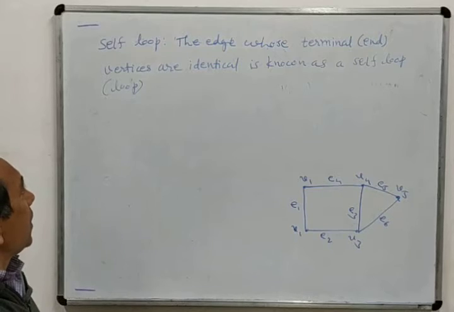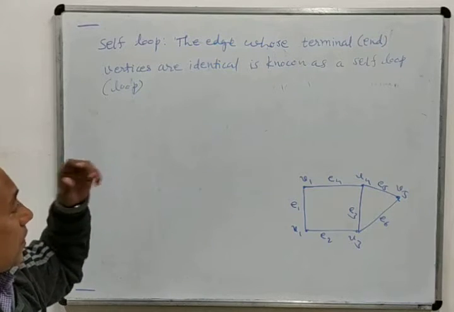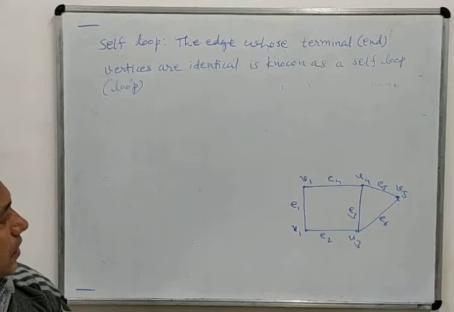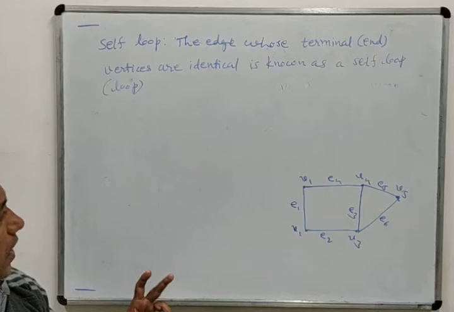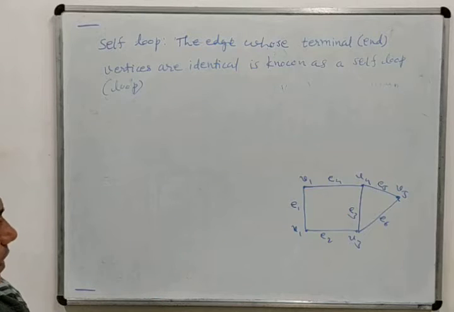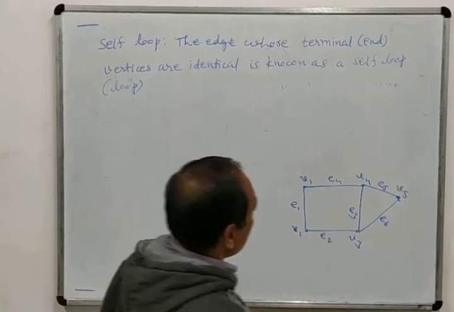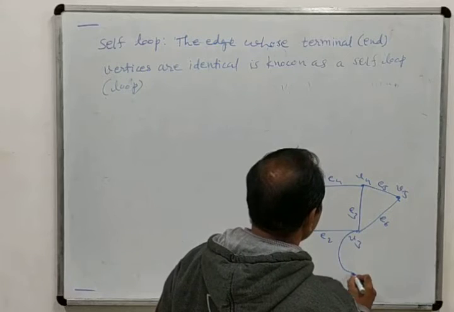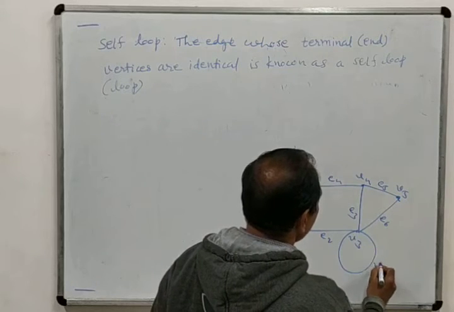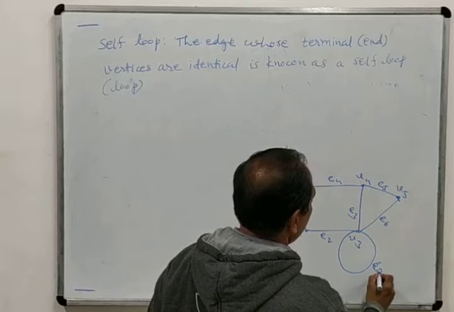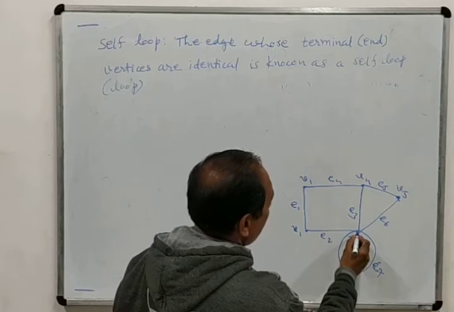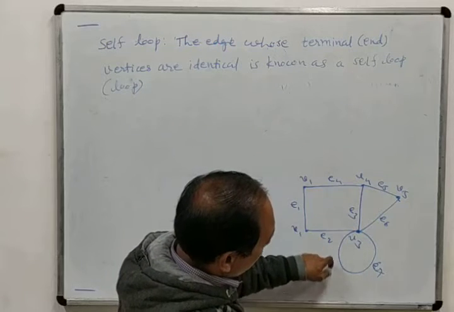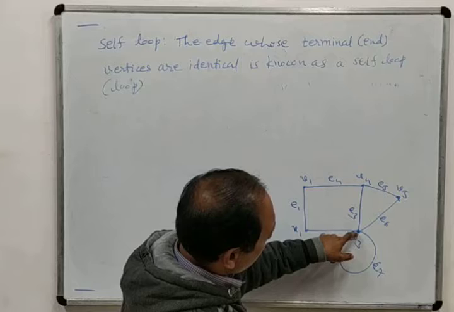So here in the definition you can see that a self loop is nothing but an edge whose endpoints are the same, that is, they coincide. Suppose here I will draw one more edge, say E7. So you can see that the edge E7 has the endpoints, that means the starting point and the ending point, both the terminal points are same.